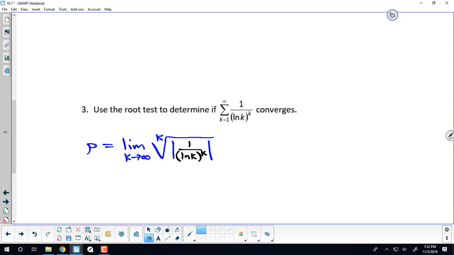So it's useful in the sense that we don't have to think about the kth power anymore because we're taking the kth root. So all we need to do is compute the limit at infinity of 1 over the natural log of k.